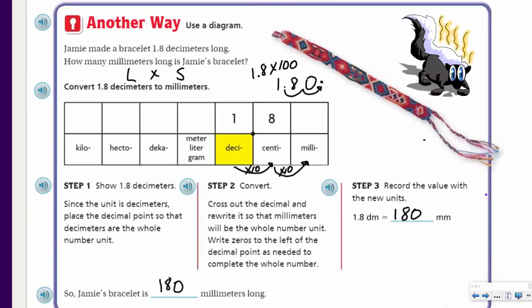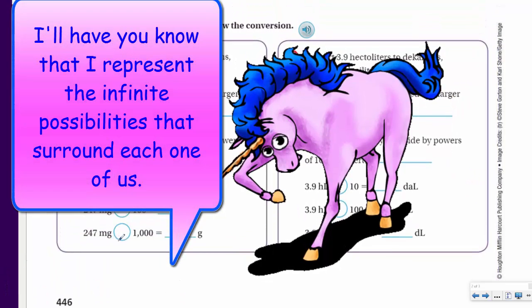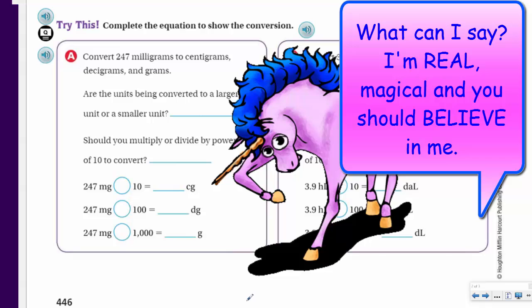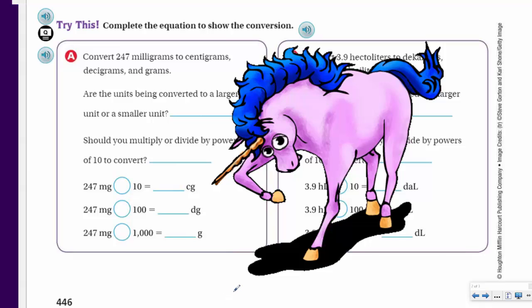Sorry, Mr. War is off the grid again. Okay, let's move on down. Oh no! What are you doing here? Again. Oh. Yes, you know what? You're doing this whole thing. I know you're trying to prove that you're real, yes, Miss Unicorn. But you're not the feature animal of the day.